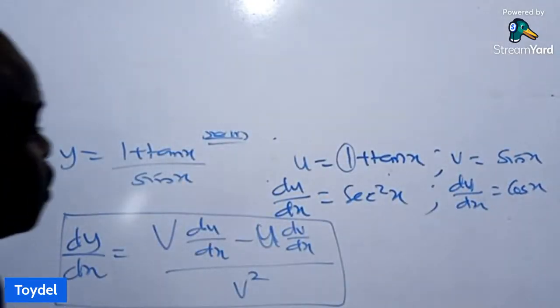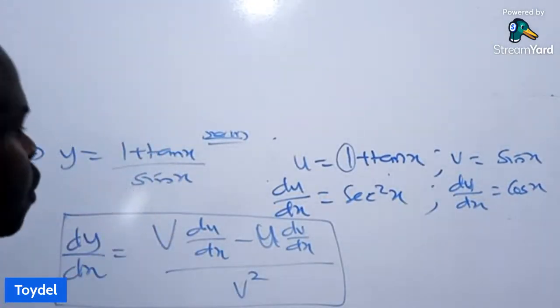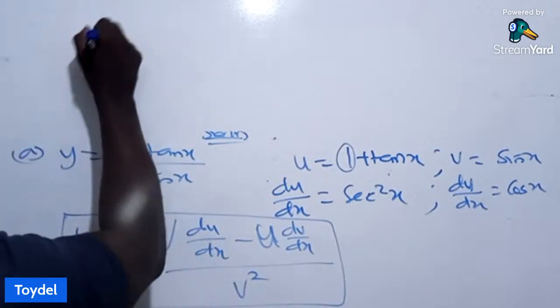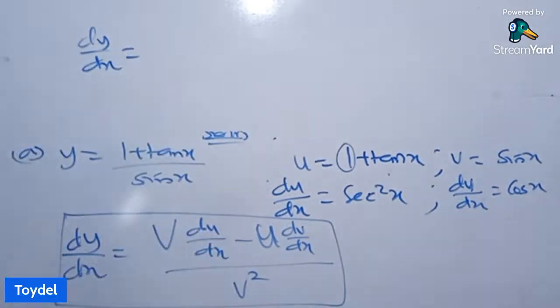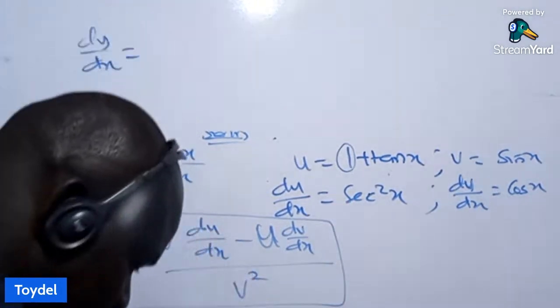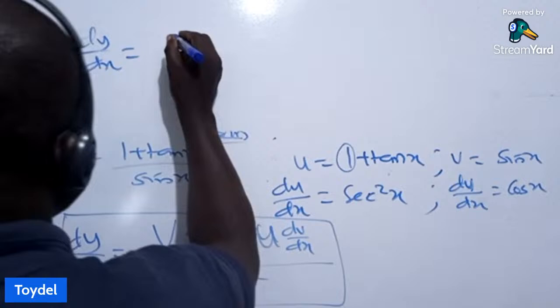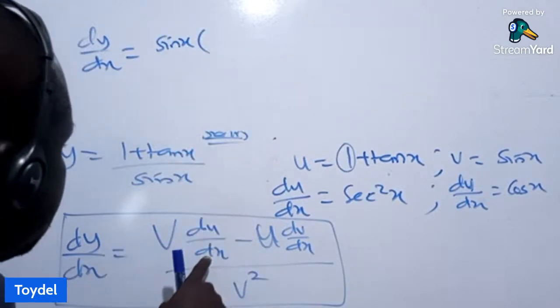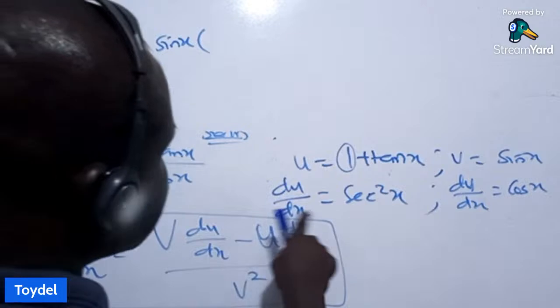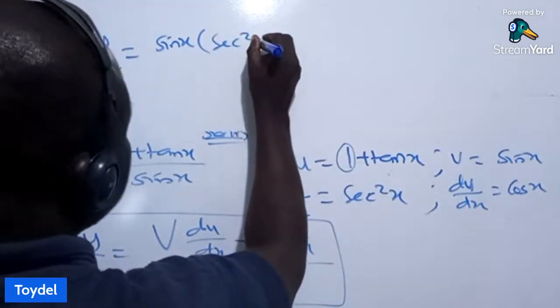We have done a lot of examples on polynomial functions. So in this case now, dy dx will be, we substitute for v. In this case now, v is sine x. I have sine x multiplied by du dx. Du dx in this case is sec square x.